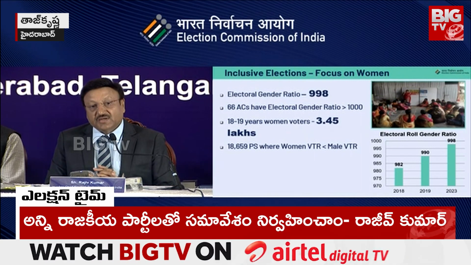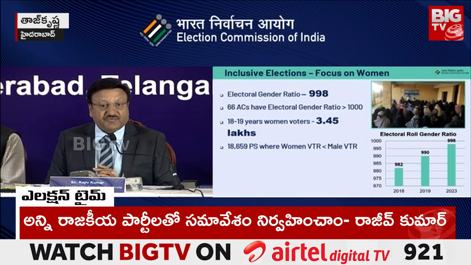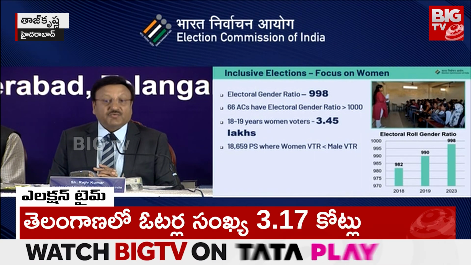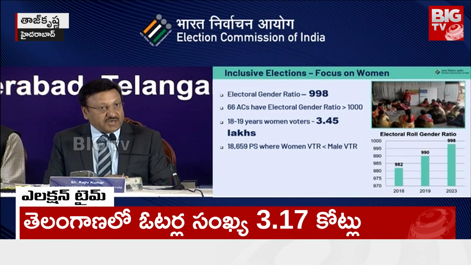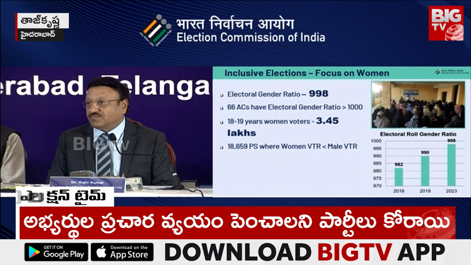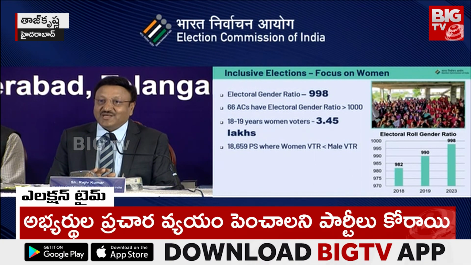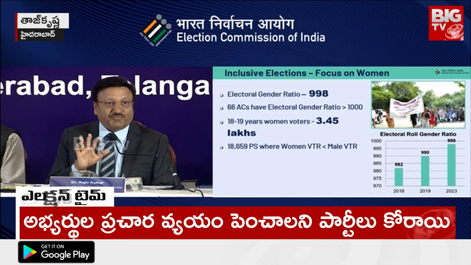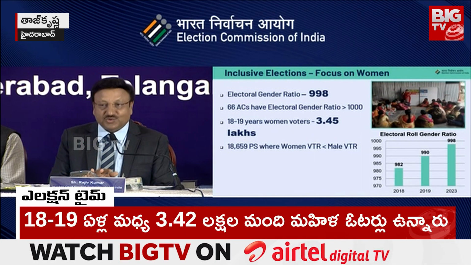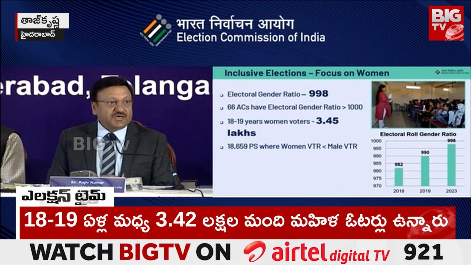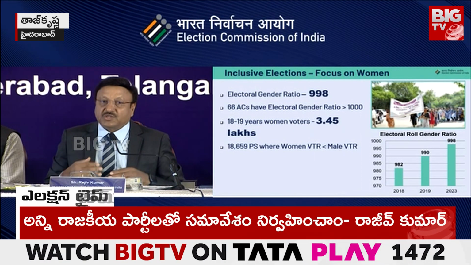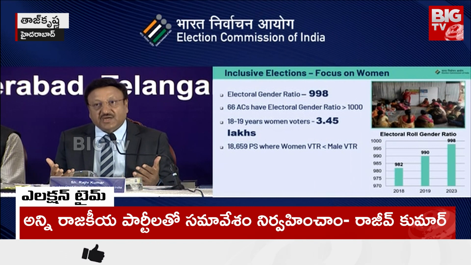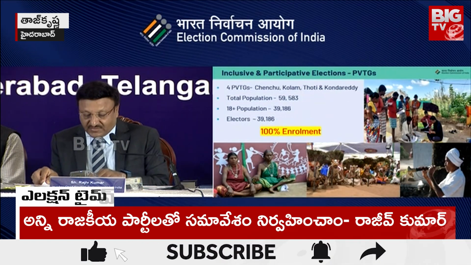Similarly, there are 18,659 polling stations where women voter turnout rate is less than the male turnout rate. We are going to focus there also. So it is not only a happy situation of enrollment of women and young people 18 to 19, but also identifying constituencies where they are not, for any reason, able to come to vote, so that we go there, have an outreach and request them to please come and vote.